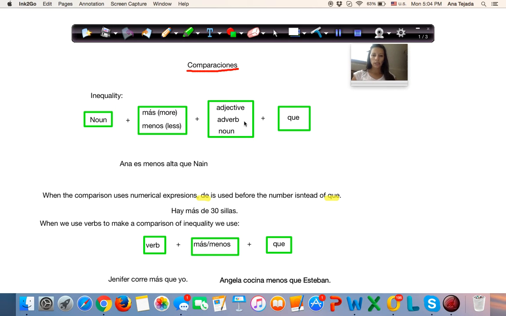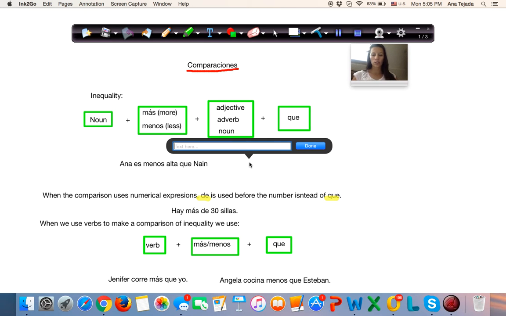When we use adjectives, adverbs, or nouns, we have the noun, the verb ser, the word más or menos, the adjective, adverb, or noun, then again a noun. While when we use a verb, we have the noun, the verb, más or menos que, and something else.